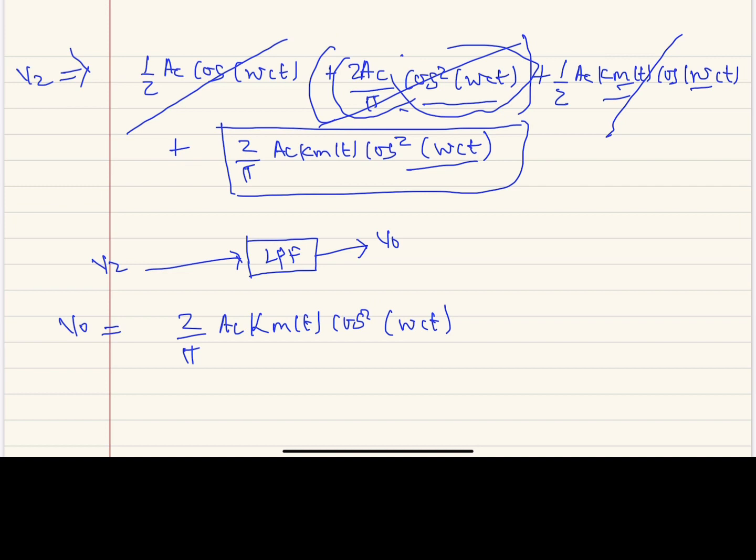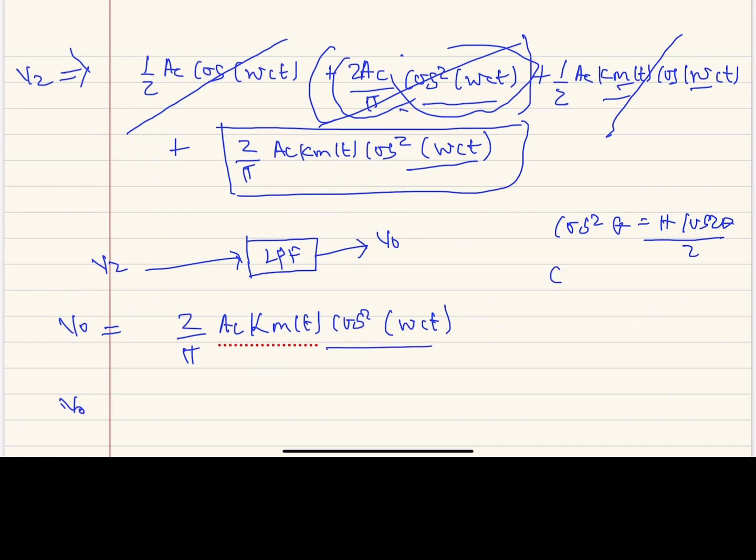And how do we do that? Remember that during the derivation of the square law demodulator, we came out to the fact that cos squared theta equals (1 plus cos 2 theta) over 2.